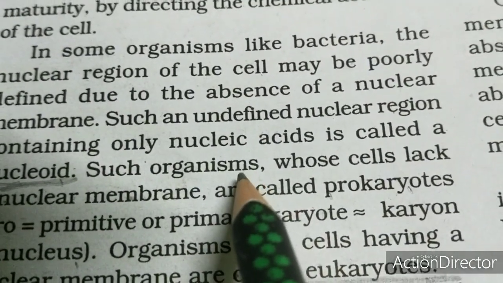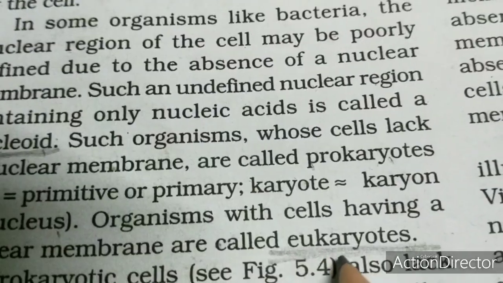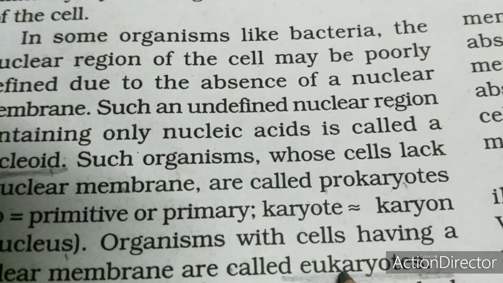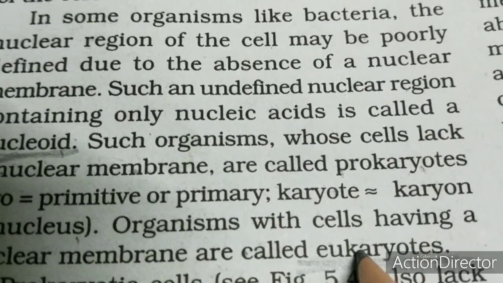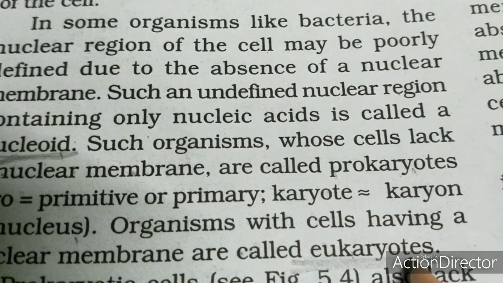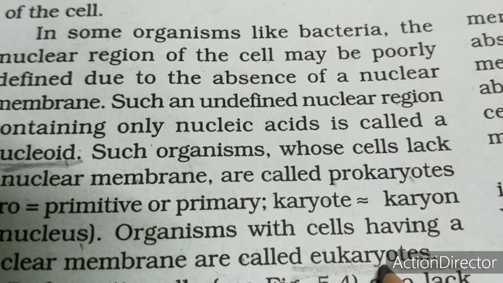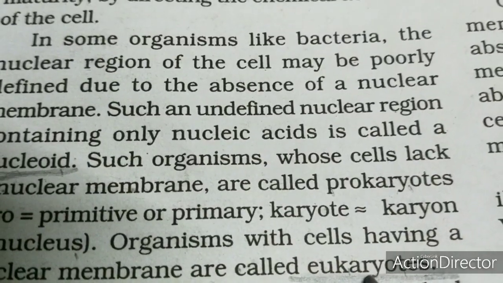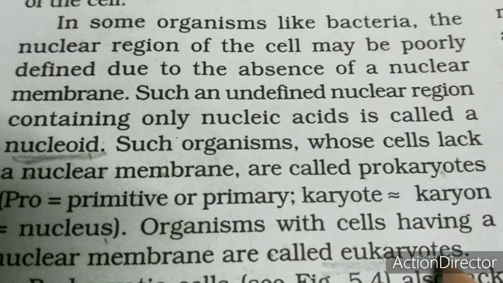A true nucleus is found in the cells. Such a cell is called a eukaryotic cell, and the organisms which possess eukaryotic cells are nothing but eukaryotes. We are an example of eukaryotes. Our cells are eukaryotic cells because they possess a well-defined nucleus.